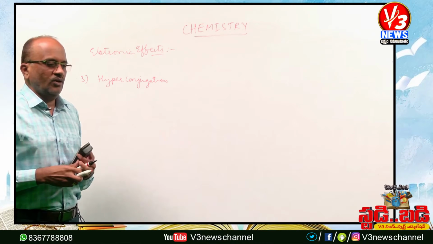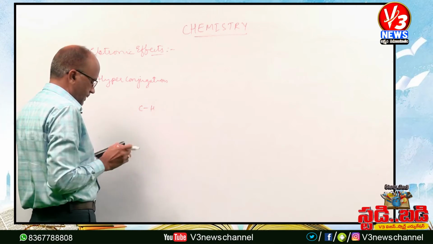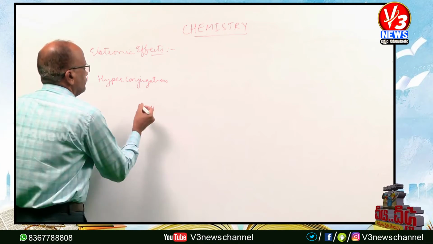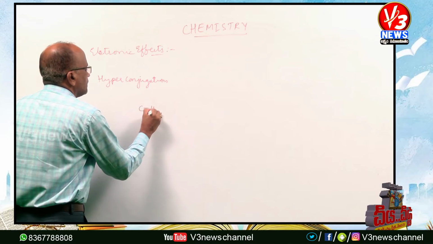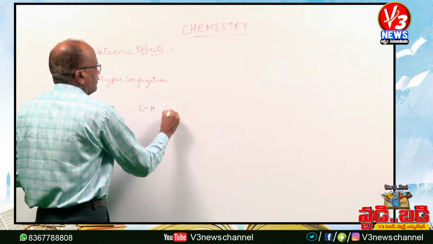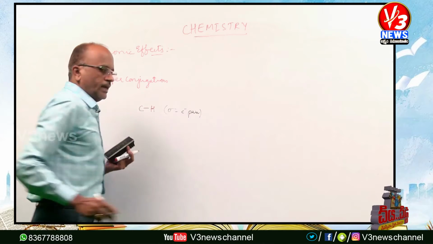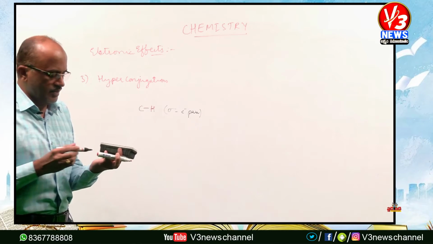This delocalization of a sigma electron pair from the C-H bond towards an unsaturated system is known as hyperconjugation.